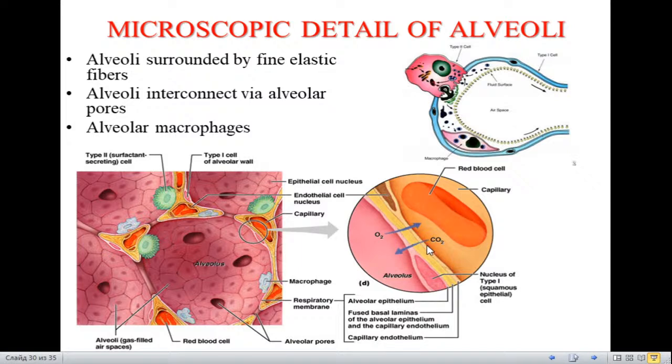From the side of the capillary, it is formed by the basal membrane of the capillaries: alveolar epithelium, basal lamina, and capillary endothelium. So gas exchange between alveoli and capillaries happens only in the region of the air-blood barrier.